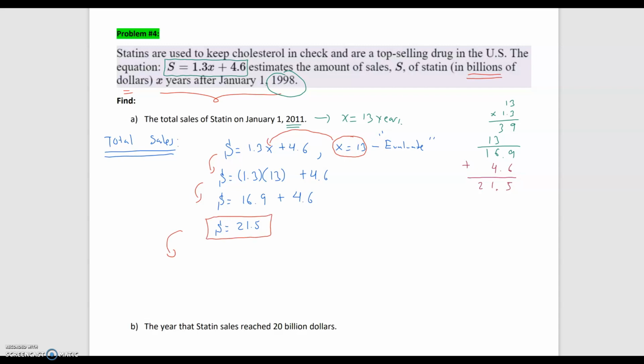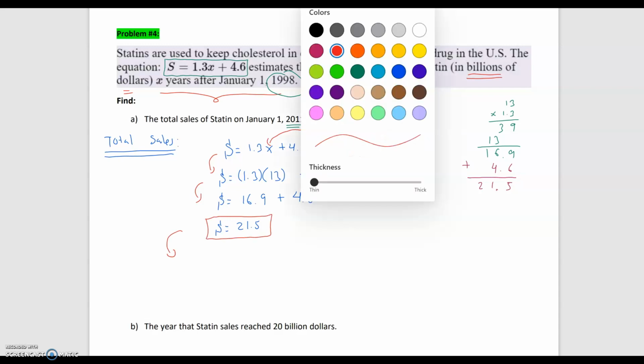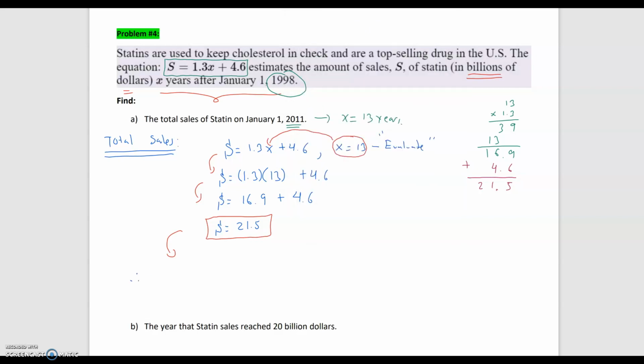And then keep in mind that this is a word problem. So we would just have to say that the total sales on January 1st of 2011 was 21.5, and remember that this is in billions of dollars.